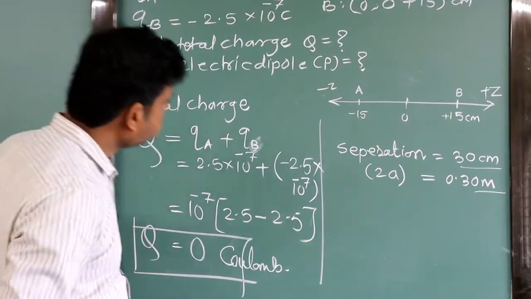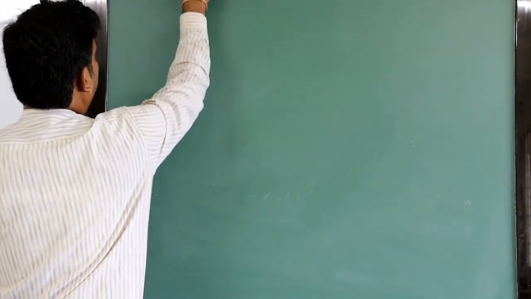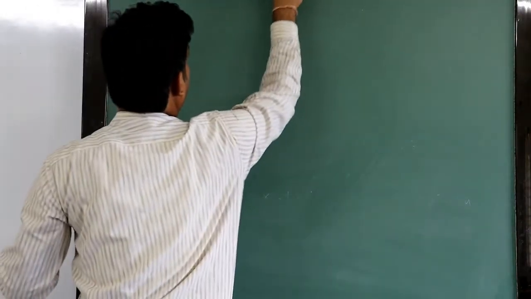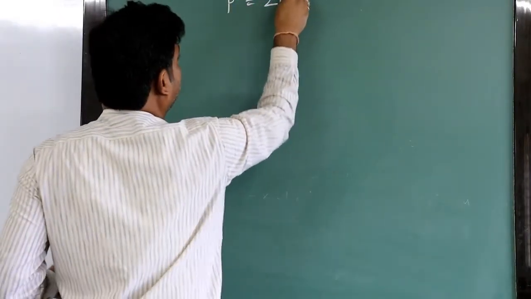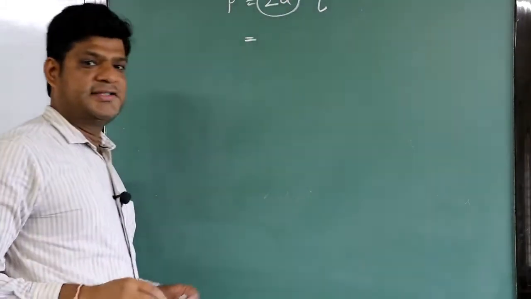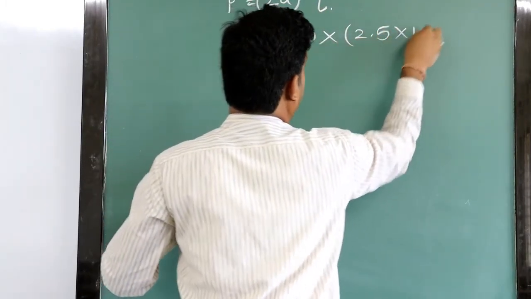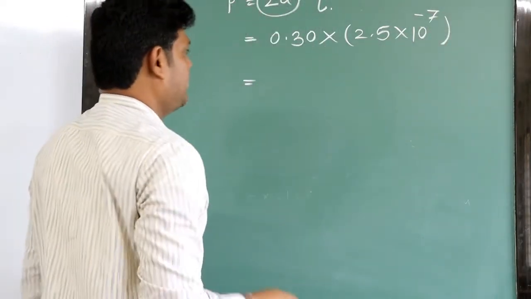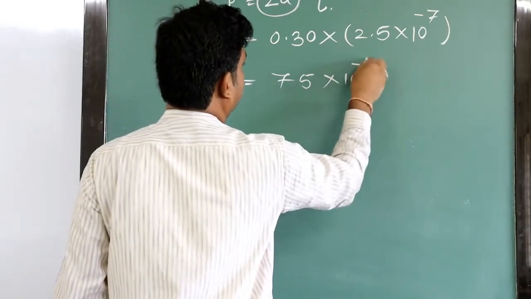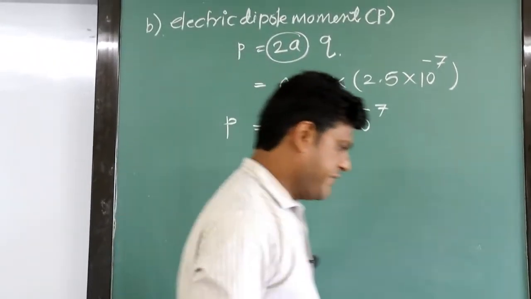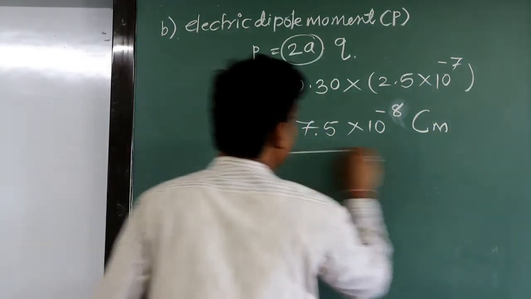The electric dipole moment is denoted by letter P, and the formula is P equal to 2A into Q. The separation 2A we calculated as 0.30, and Q is 2.5 × 10^-7. Multiplying these, the answer is 7.5 × 10^-8 coulomb meter.